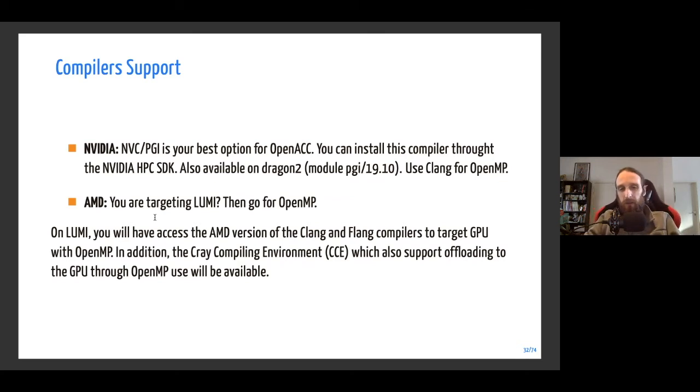In addition, on LUMI, you will have the Cray compiling environment, which supports offloading to the GPU using OpenMP. I don't know about the performance of that because, of course, it's very difficult to have access to Cray hardware, but we can guess that this compiler will be quite efficient. So if you plan to use LUMI in the future and you want to target AMD GPUs, the best option is probably to go for OpenMP instead of OpenACC, as we don't know yet how efficient the OpenACC implementation for GCC will be.